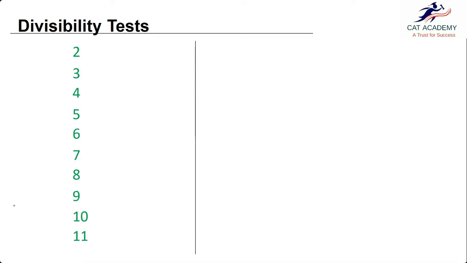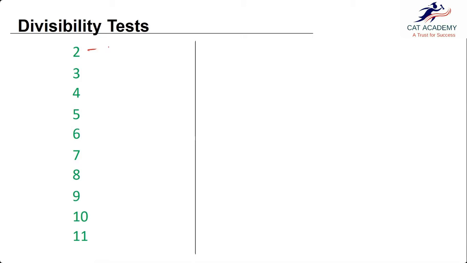So let's talk about the divisibility test of 2. How can I check whether a given number is divisible by 2 or not? It should end with an even number.